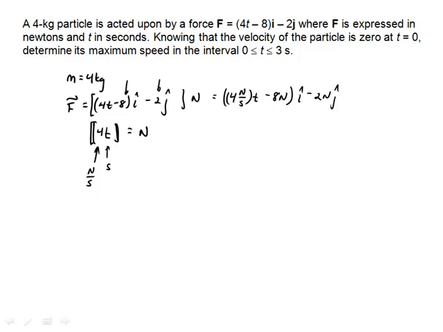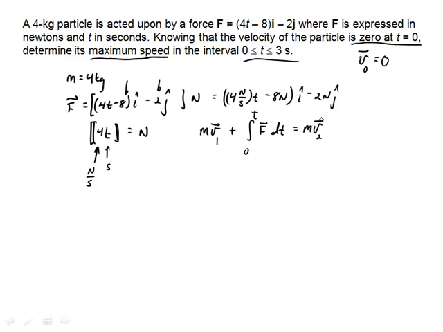Alright, what we're interested in is finding the maximum speed between the 0 to 3 second interval, and we're given that the initial velocity was equal to 0. So I can discover this by using impulse and momentum. I have mass times velocity 1, which will be 0, plus the integral from 0 to some later time t of F dt, and that's going to equal mass times velocity 2, a vector quantity.